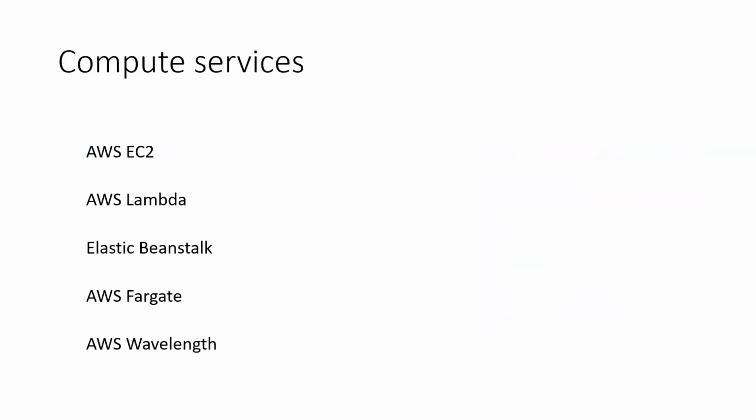For compute services, we have AWS EC2, AWS Lambda, Elastic Beanstalk, AWS Fargate. Okay, even I did not use lots of components. There are more than 100 components available in AWS. So whichever is required, as an architect, I need to know the components.